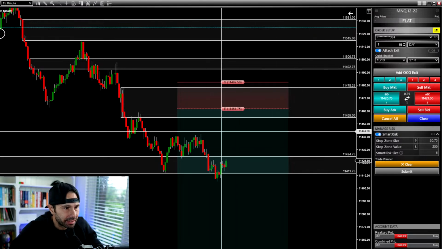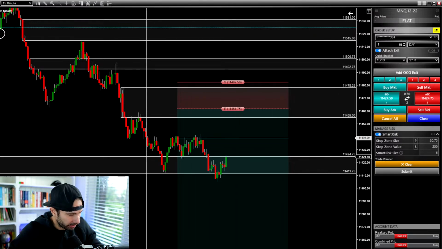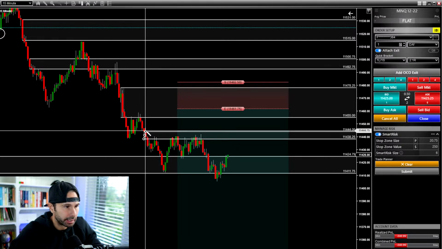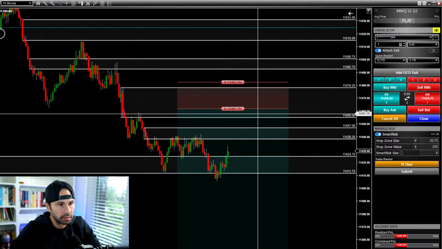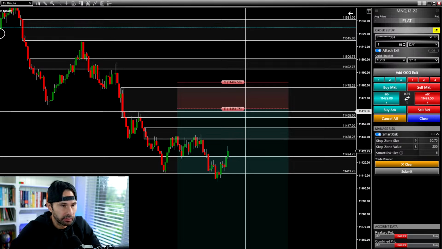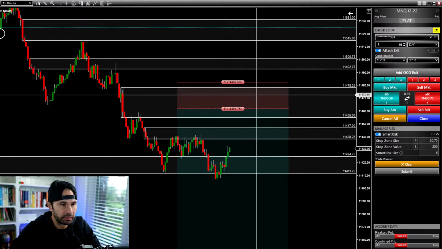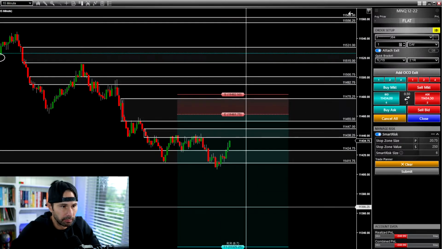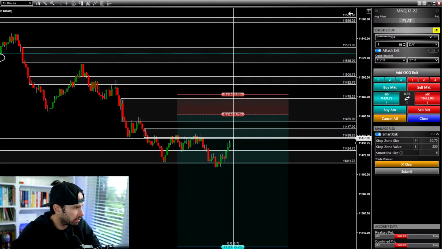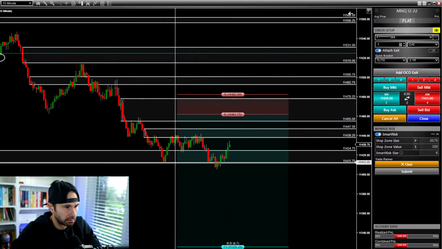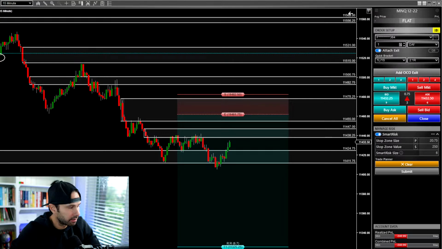So I do have this area again. This area is not bad, but I'd rather this one. This one gives me more distance for a better risk and reward ratio. Now the tick chart is making a bullish divergence.